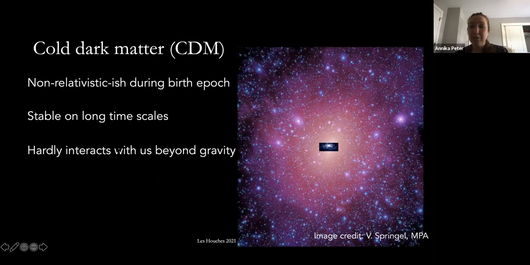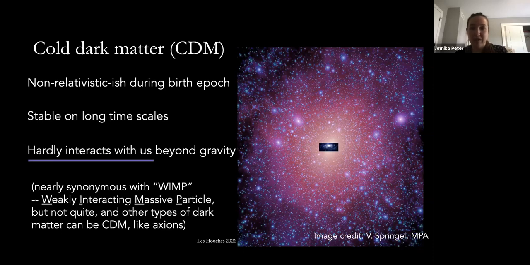Okay, so I'm going to talk about cold dark matter first. Cold dark matter is sort of our standard paradigm for dark matter. What I mean by cold dark matter is that it's born non-relativistic, it's stable on cosmic timescales, and hardly interacts with anything beyond gravity. Colloquially, people use WIMP and cold dark matter kind of interchangeably, but it's not quite right.